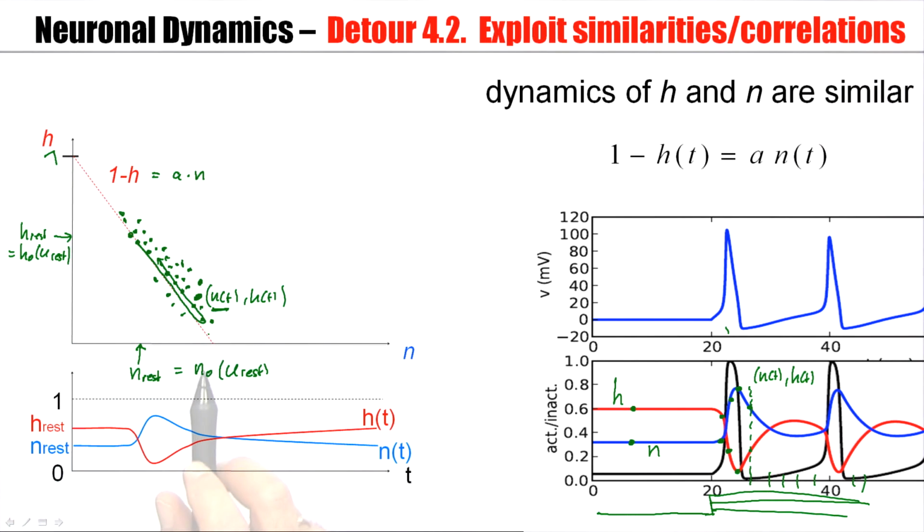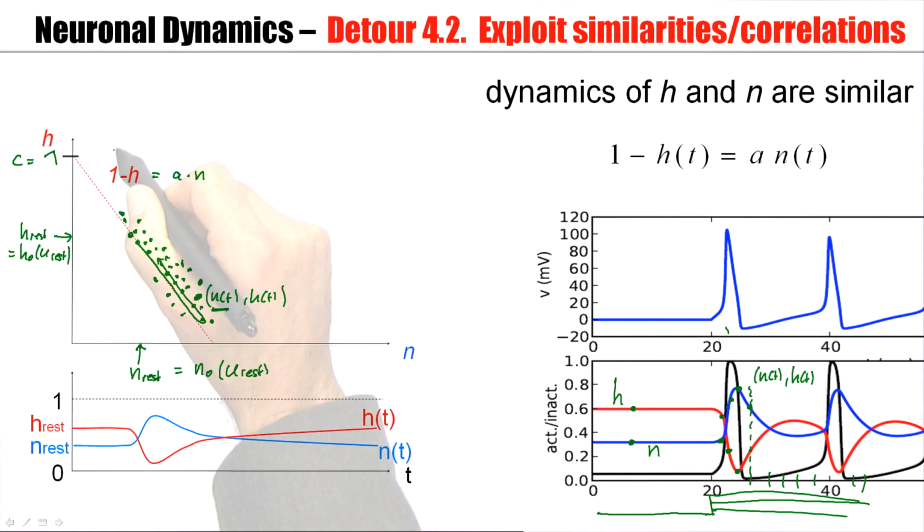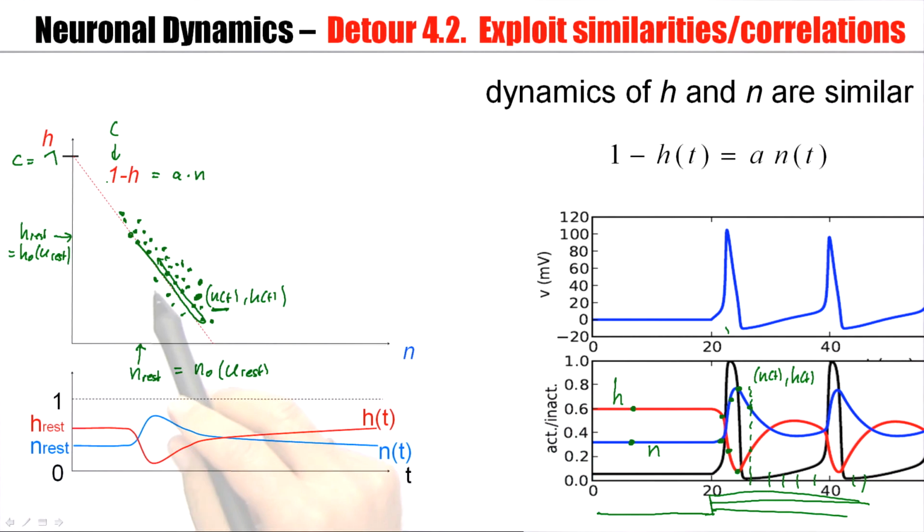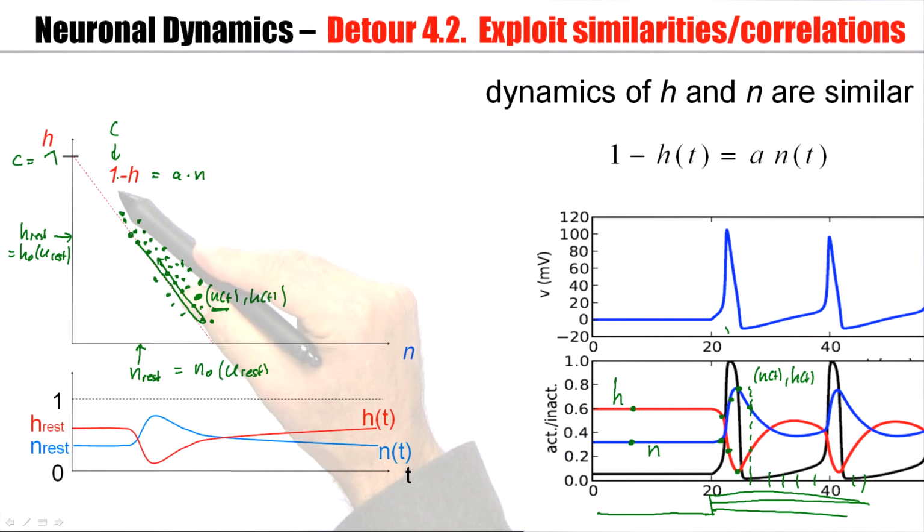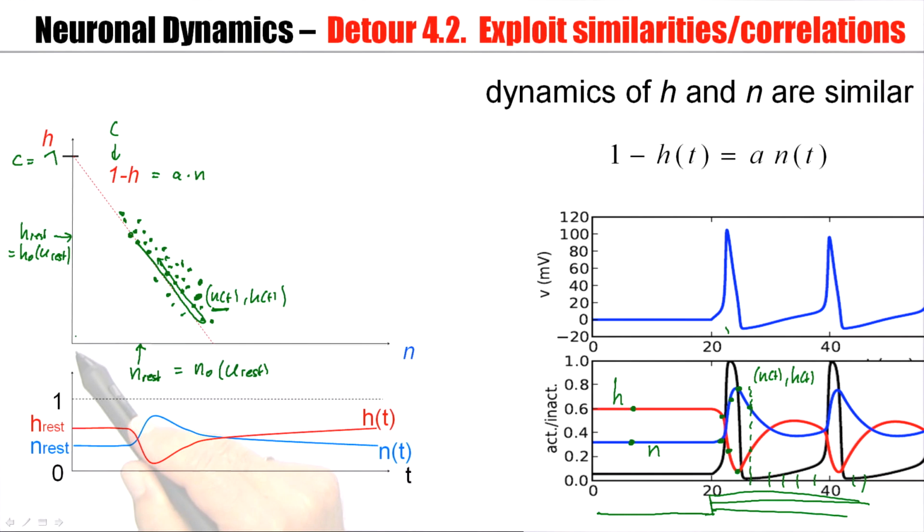More generally, this could be some arbitrary constant, some constant c. But for the sake of simplicity, I've put this constant to 1 so that it's easy to draw this line. So if h has a value of 0, then I'm at this point here, a times n equal to 1.